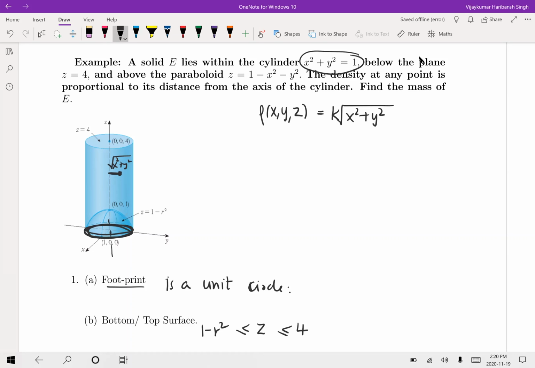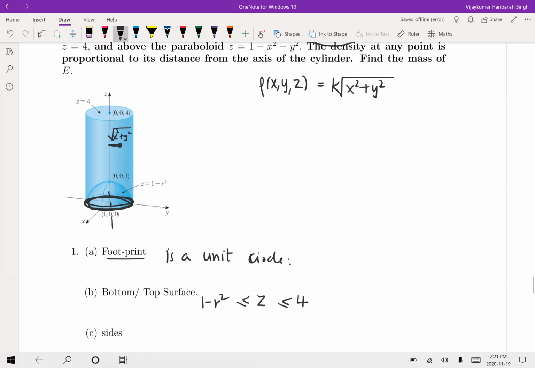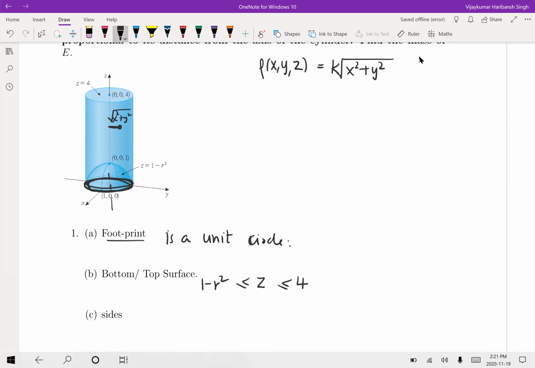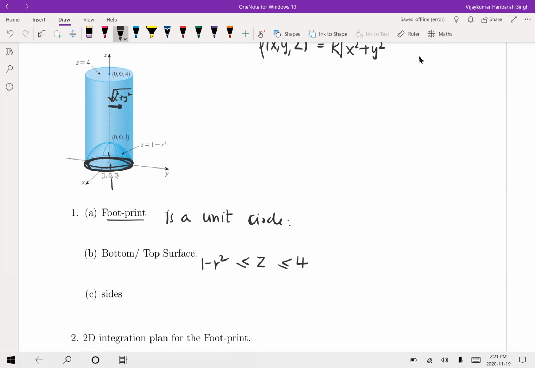Now we got top and bottom. What are the sides? How many sides are there?